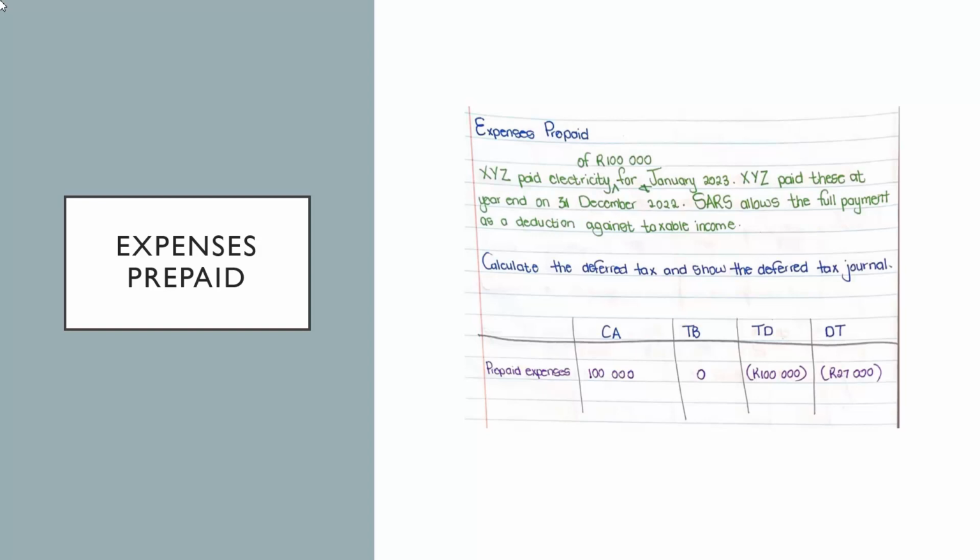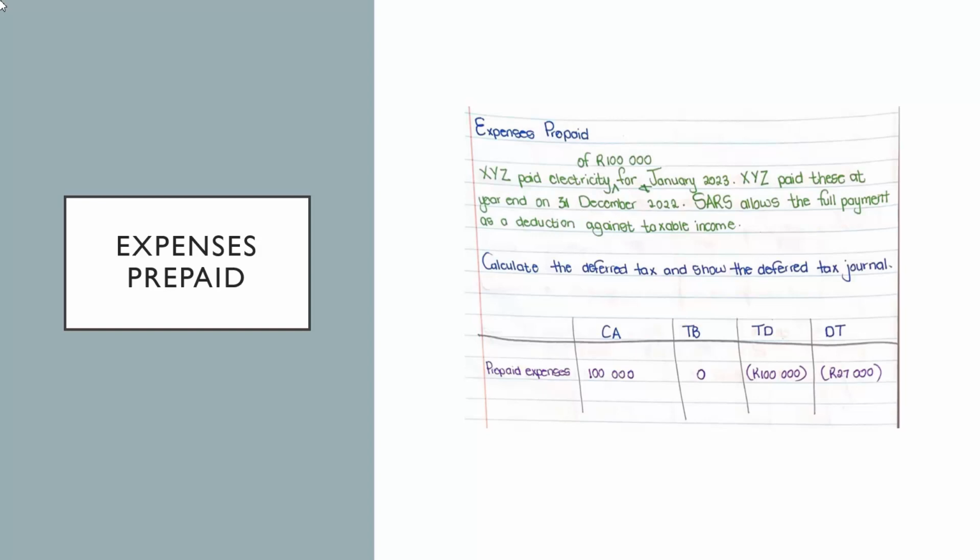That means that the carrying amount would still remain as 100,000, but your tax base, defined as any future deductions for tax purposes, is zero because there are no future deductions. It's been deducted now, meaning that your carrying amount is greater than your tax base. And guess what we have?